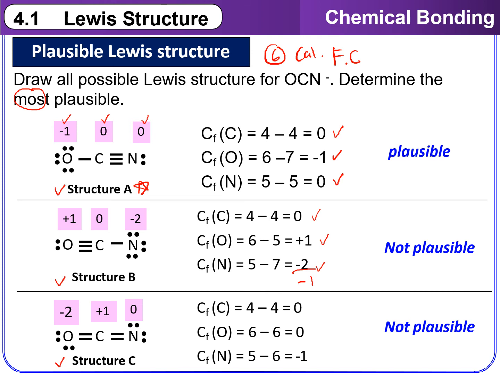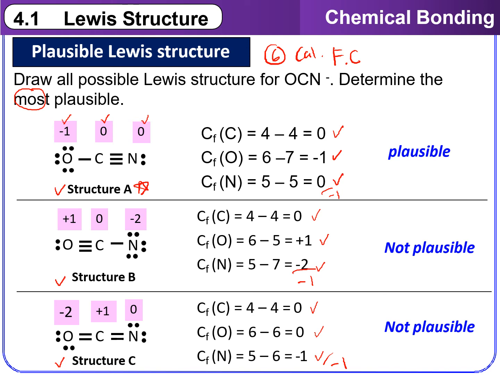Proceed to structure C. Carbon 0, oxygen 0, formal charge of nitrogen -1. So the total again is -1. So all these 3 Lewis structures have a total formal charge equal to -1.